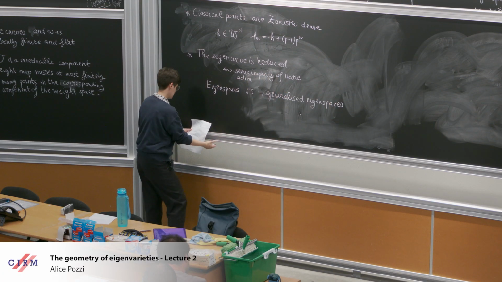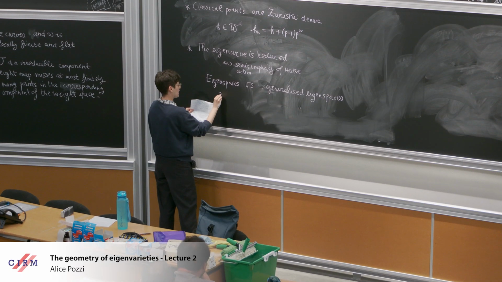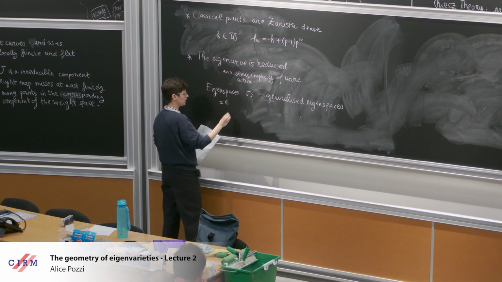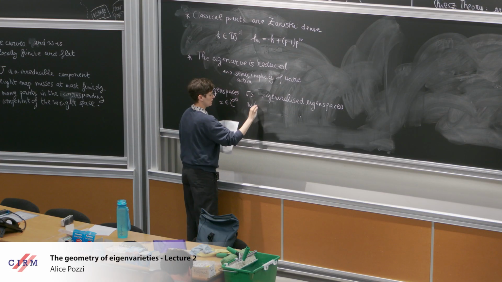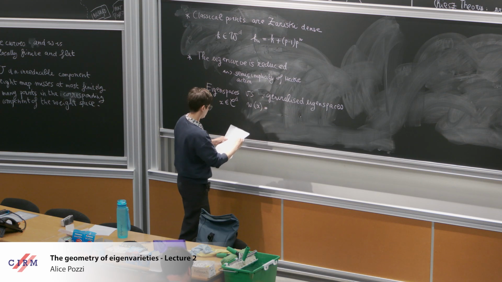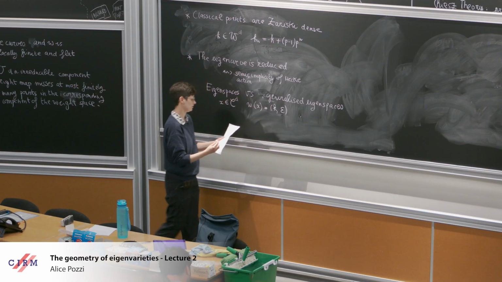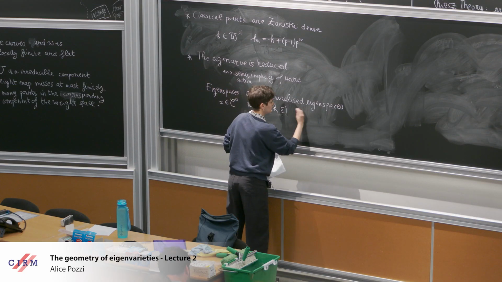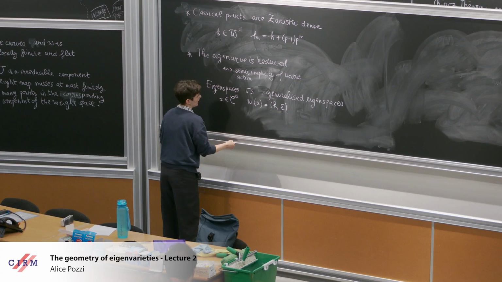So I'm going to take x, a classical point, the weight of x is going to be the pair (k, epsilon). And for this point, I will have a system of Hecke eigenvalues.